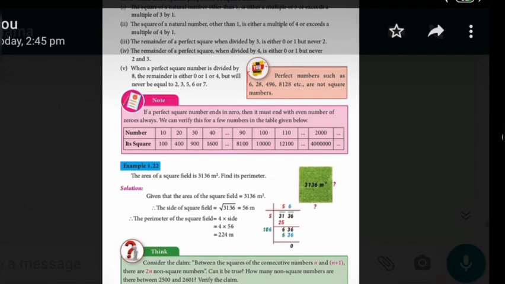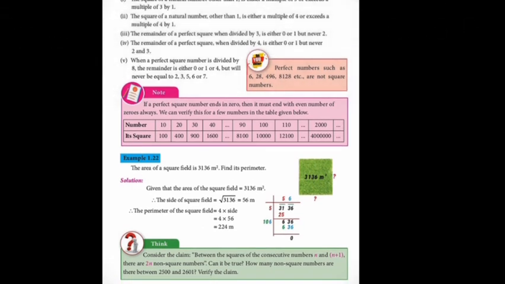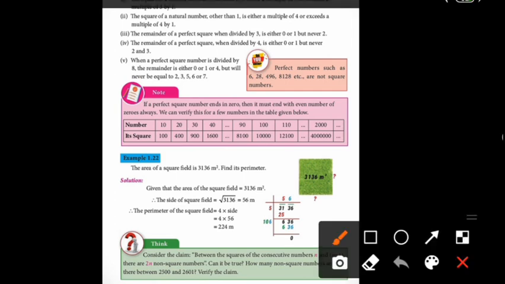Next, some more special properties of square numbers. The square of a natural number other than 1 is either a multiple of 3 or exceeds a multiple of 3 by 1. That means if you square a natural number other than 1, more than 1, the result is either a multiple of 3 or exceeds a multiple of 3 by 1.